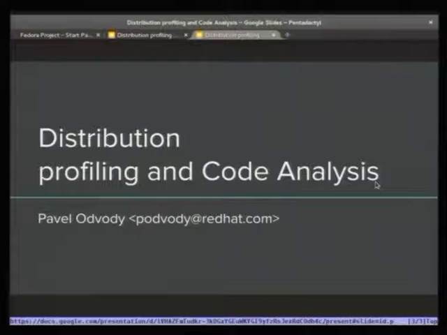For over a year, I have been working at Red Hat with Docker, containers, and all that stuff. And I realized that there is some tooling missing to make the job really easier.